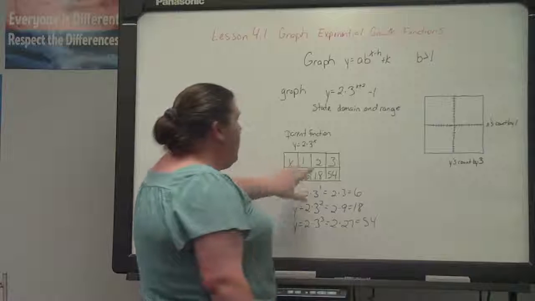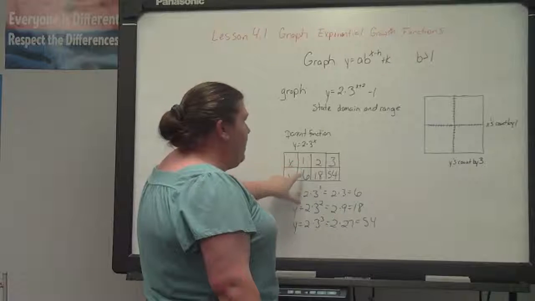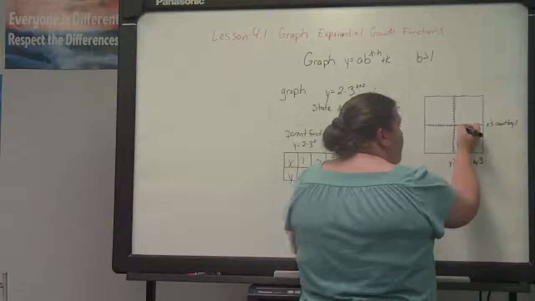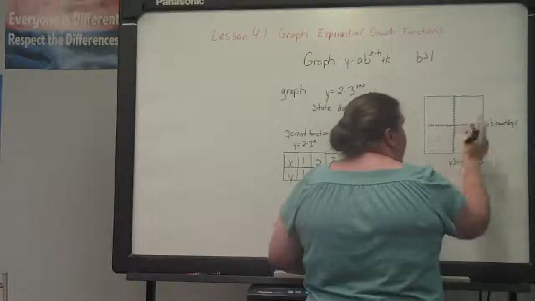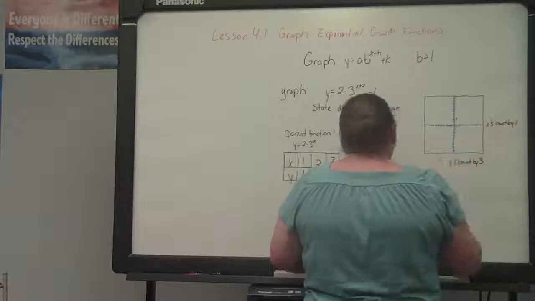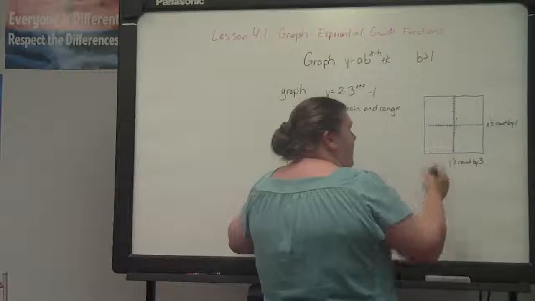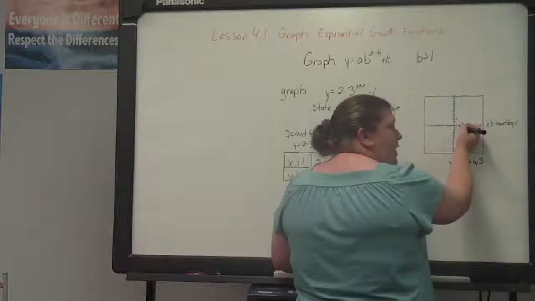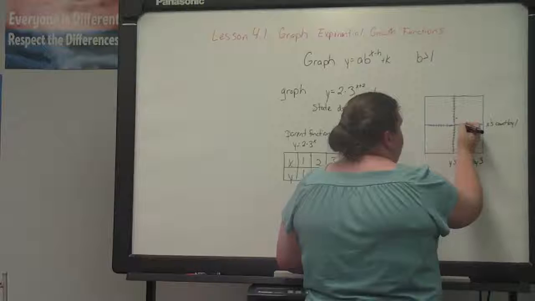So now I want to go ahead and graph. I need 1 and 6. So I'm going to go over 1, but remember, because I'm counting by 3s, I'm only going to go up 2. Now I have 2 and 18. So I'm going to go over 2, and this time 18 divided by 3, that means I actually move up 6.